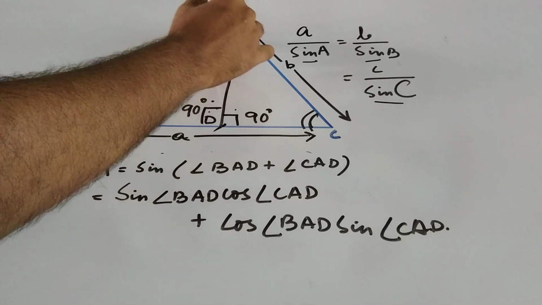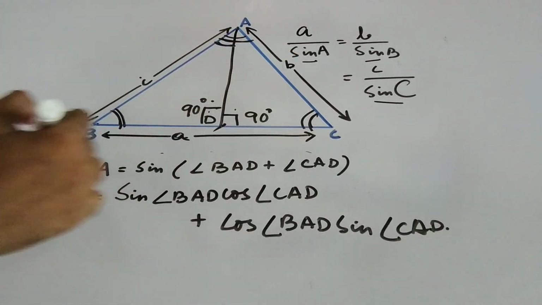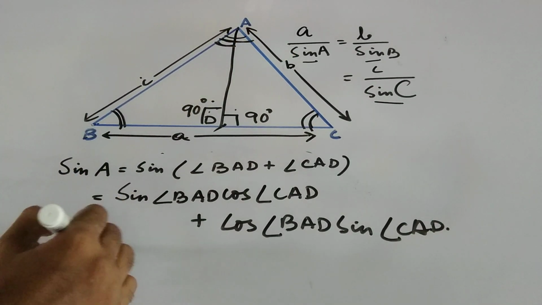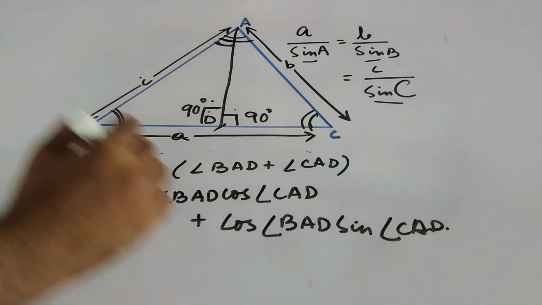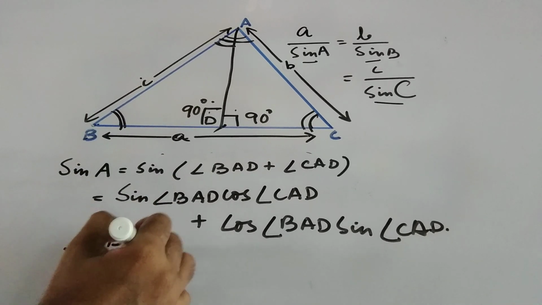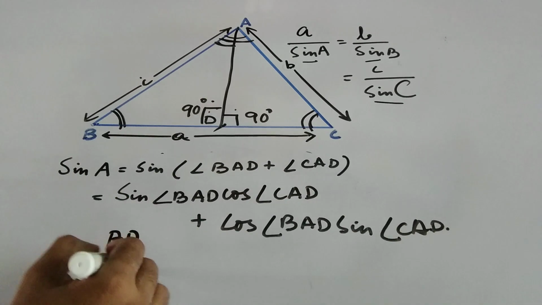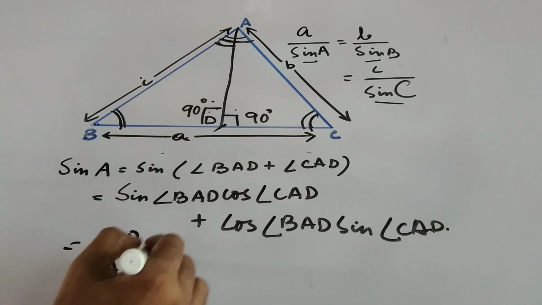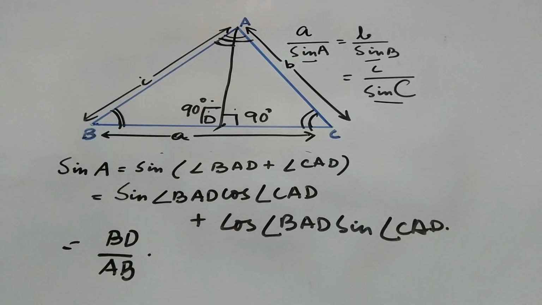What is sin BAD? That is sine of this angle, that is perpendicular by hypotenuse. What is the perpendicular length? That is BD divided by AB, that is sin BAD. What is cos CAD?